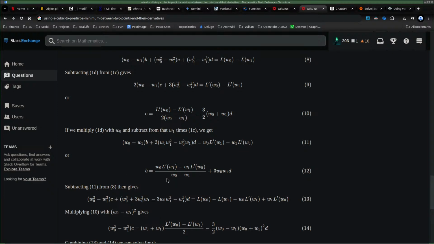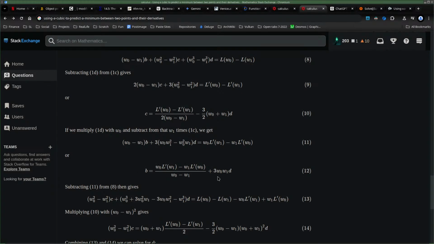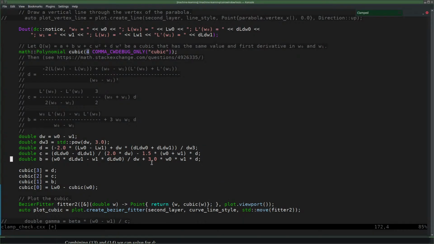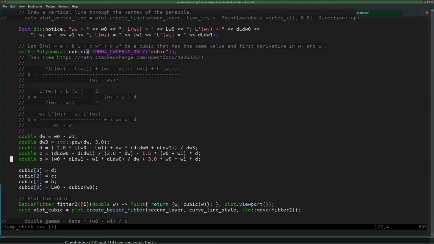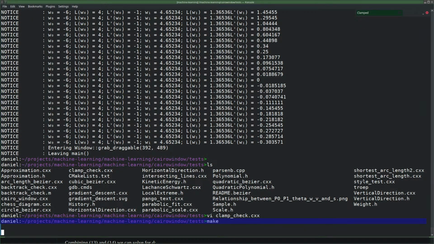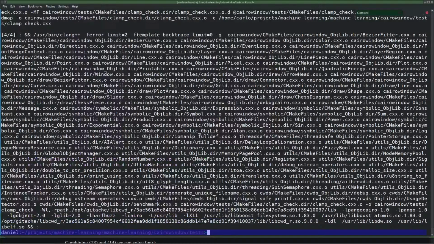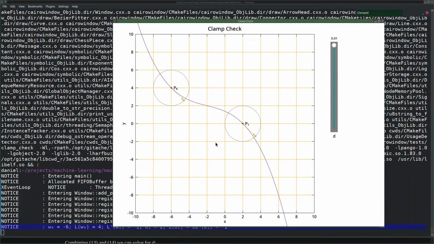So this is the formula for B. W0 times the derivative minus W1 times derivative divided by delta, and then plus 3 times... So that was good. Yeah, well, we found a bug. C is different. Now it must work. Everything will just work. Sure of it. Yes.